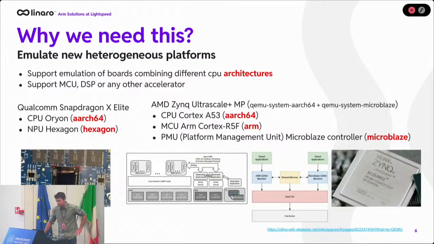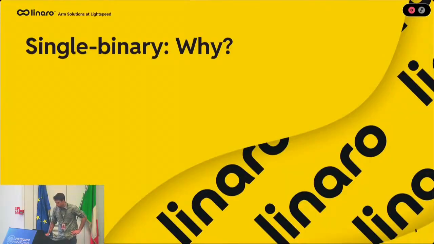Right now, the UltraScale board is present in QEMU if you try to emulate that, but we only have the ARM part on one side and the MicroBlaze part on another side. So the goal here would be to be able to run all this in the same process, to model more accurately how hardware works.